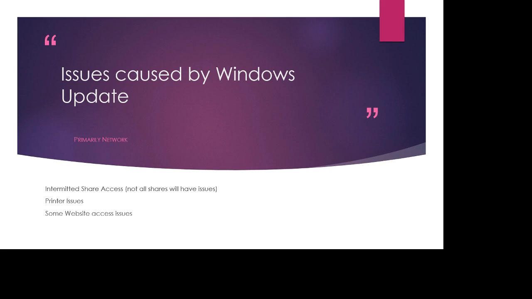Now another thing you may not be able to get to is some websites, or maybe you may be unable to even browse the internet. So the website access is going to be the challenge to determine: is it your computer, is it Windows Update, is it your internet service, and so forth.